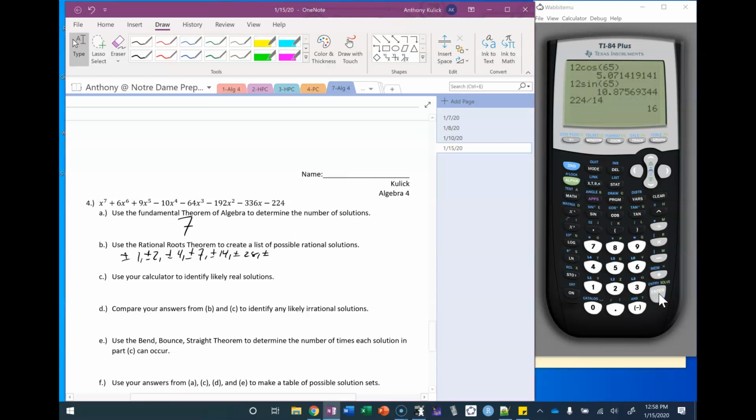Oh, I have a 16 in there too? Shoot. That means I had 8 also.